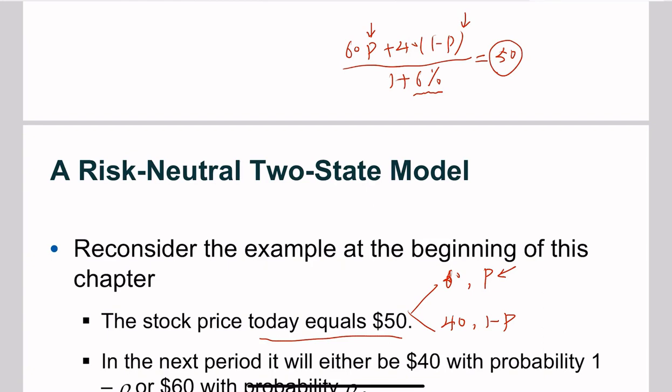And then you can see that we can basically solve for P here, right? The numerator would be 20P plus 40, and this would be equal to 50 times 1.06. So P would be equal to 50 times 1.06 minus 40, divided by 20. You can just punch these numbers into your calculator.